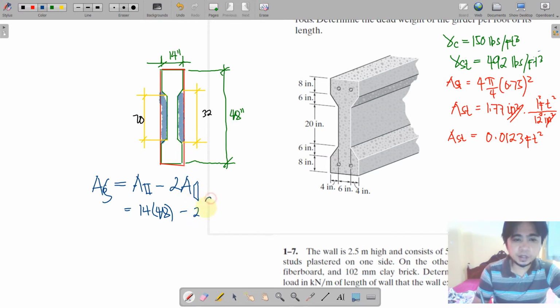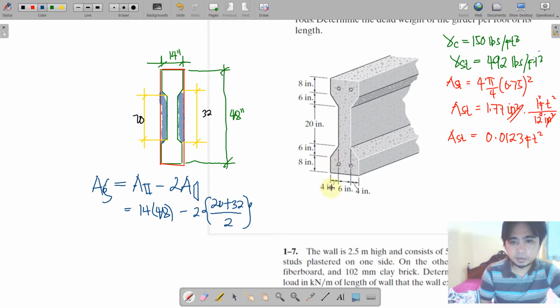So we have two of them, and then we have 20 plus 32. Okay, b1 plus b2, this one, all over 2. What is the height of the trapezoid?